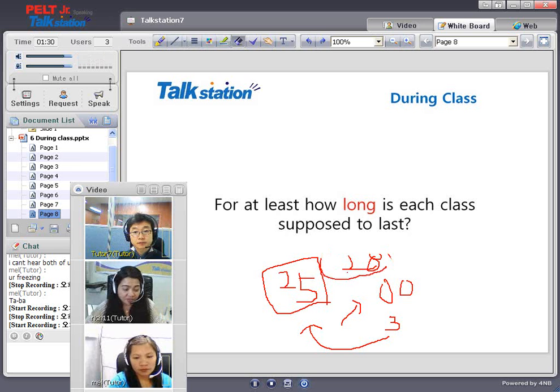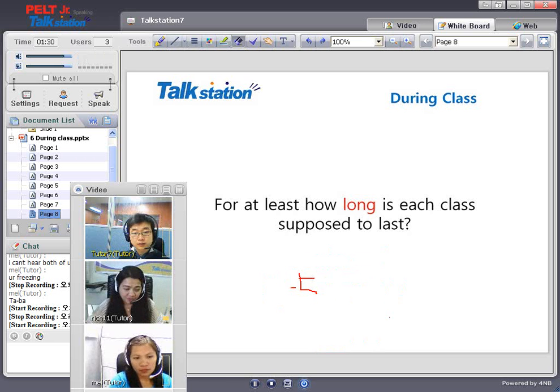Sure. Say, for example, sir, the student came late. Say they came 5 minutes late in the class. So, is it the teacher's obligation to extend the class? Not obligation, but courtesy, I guess.